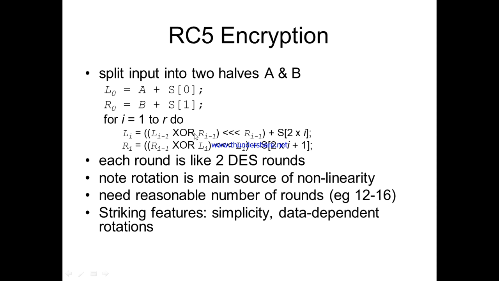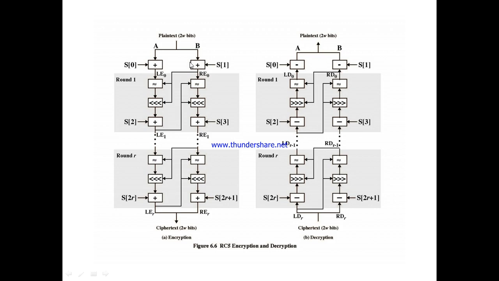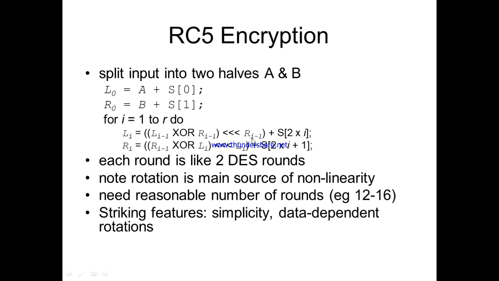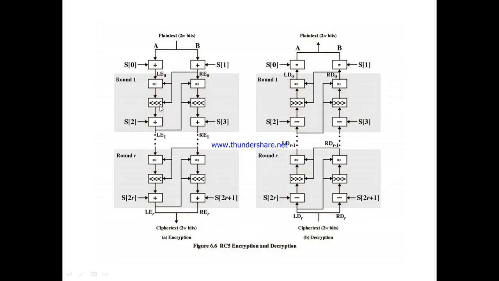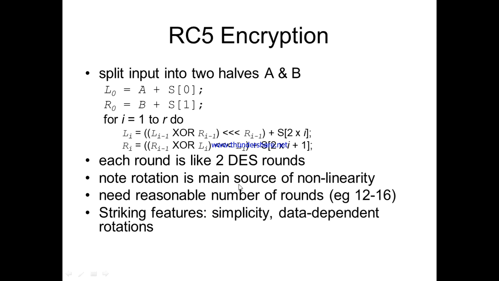We perform XOR on Li minus 1 and Ri minus 1. Here Li minus 1 for round 1 is L0, so L0 and R0 are XORed, and that resultant is left shifted by R0.